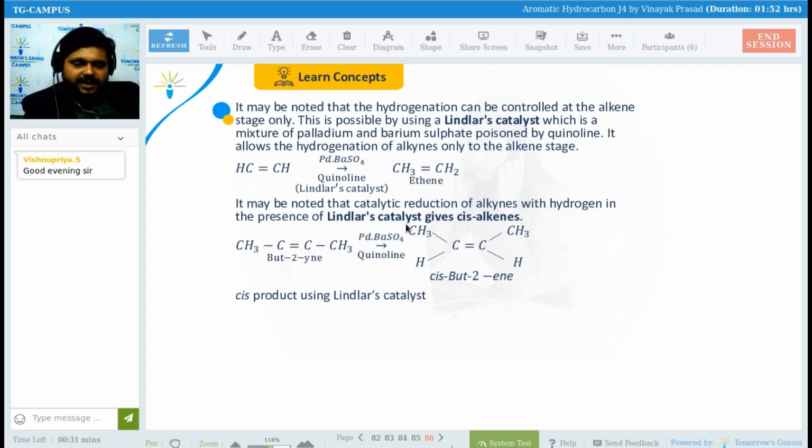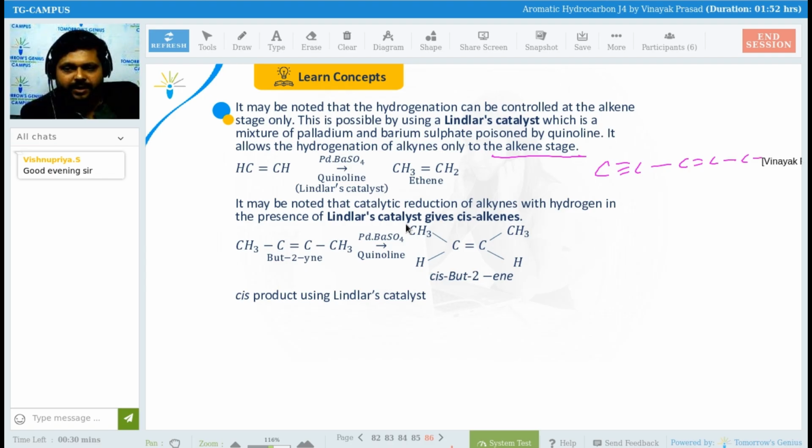Now, Lindlar's catalyst. So it may be noted that the hydrogenation can be controlled at the alkene stage only. This is possible by using Lindlar's catalyst, which is a mixture of palladium and barium sulfate poisoned by quinoline, right? It allows the hydrogenation of alkynes only to the alkene stage. So this reagent will help, because from alkynes we can form what?